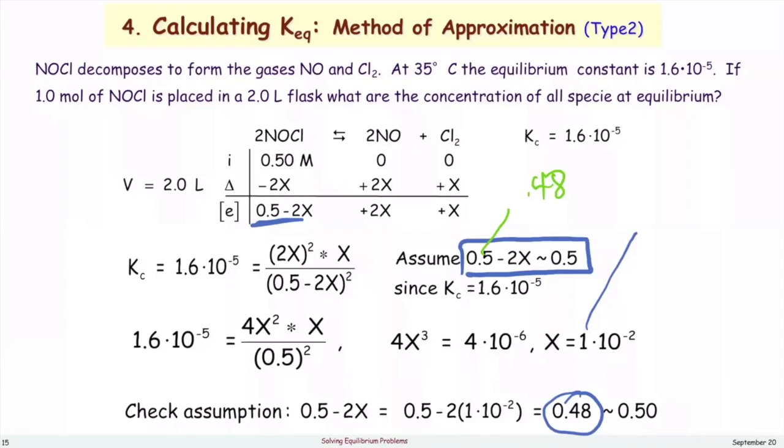So 0.48 is the concentration here. This right here would be 0.48, and this is what I would solve for if I did the second iteration, making the denominator not 0.5 but 0.48. So this is what it would look like.